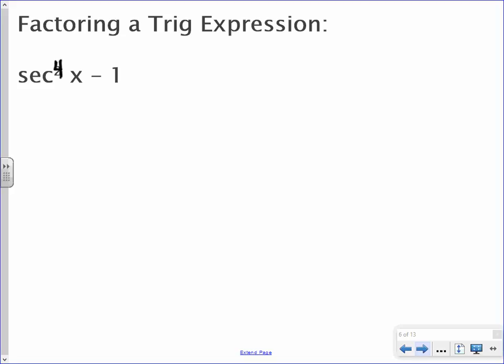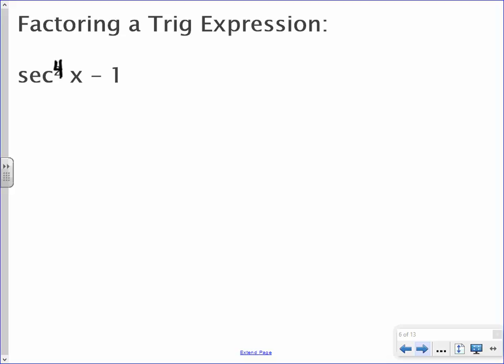So go ahead and write secant to the 4th x minus 1. Okay? If you can do algebra, all we have to do is apply it now with trig functions instead. Now, if you have a hard time seeing how to factor, you can always do some scratch work off to the side.